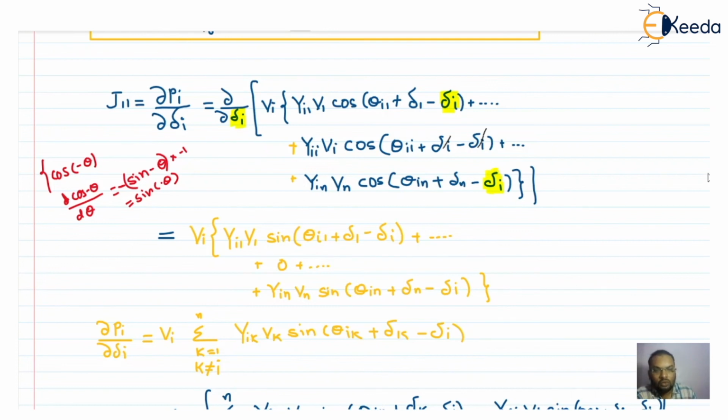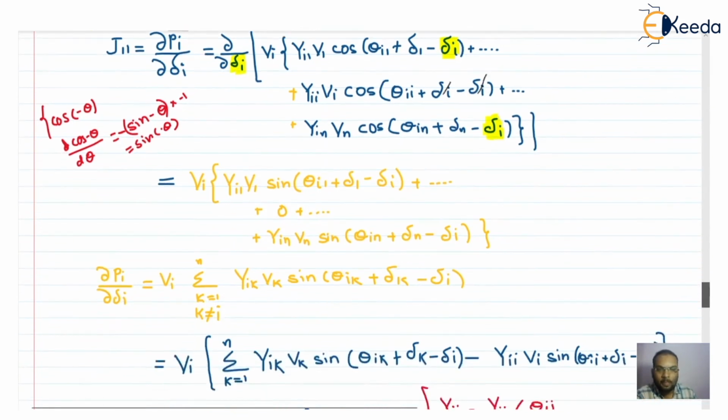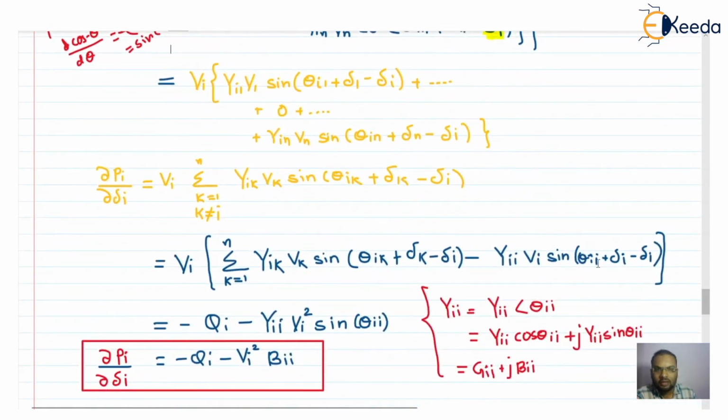So how can we write this in summation form? I write Vi as it is outside, then the summation with k equal to 1 to n. I specifically mention k not equal to i because the ith term has become 0 now.